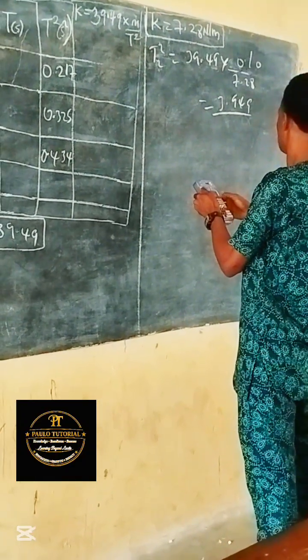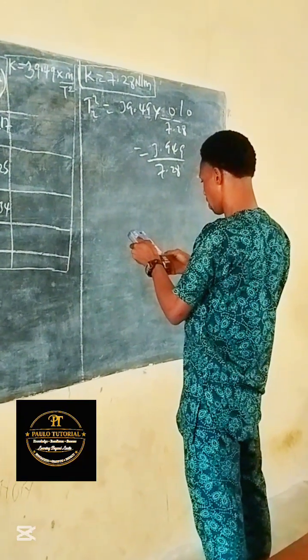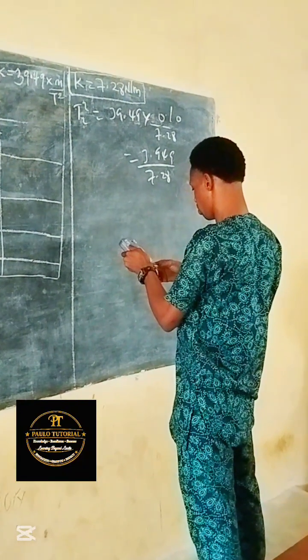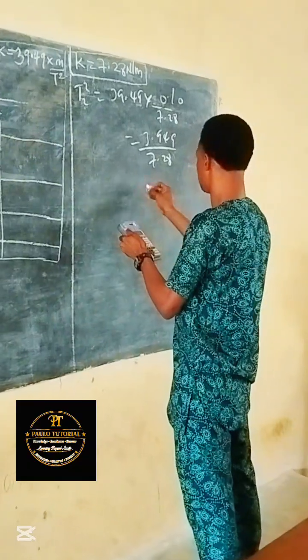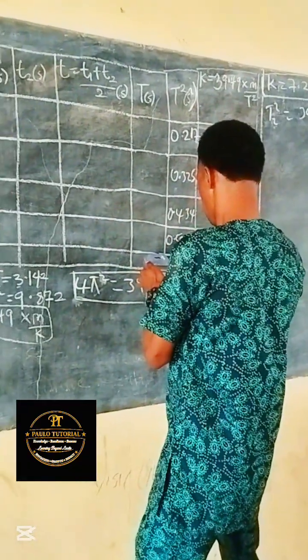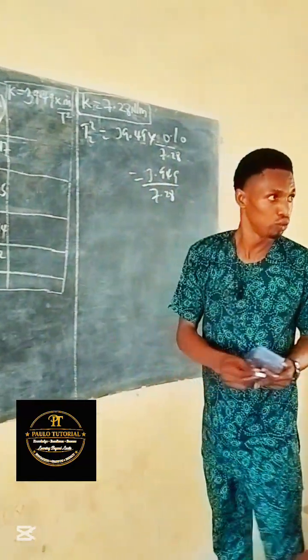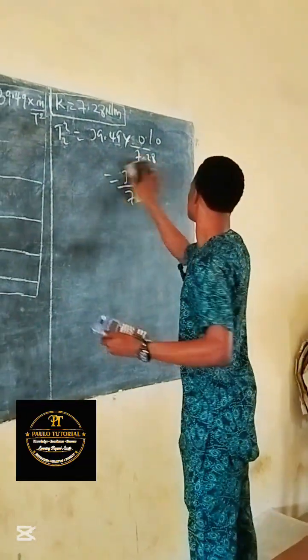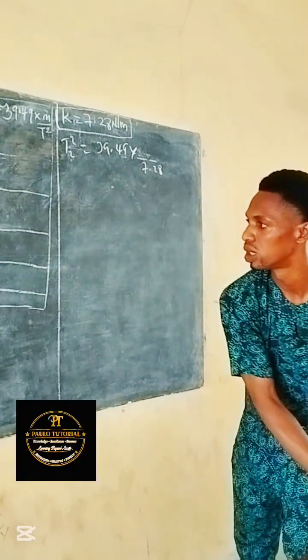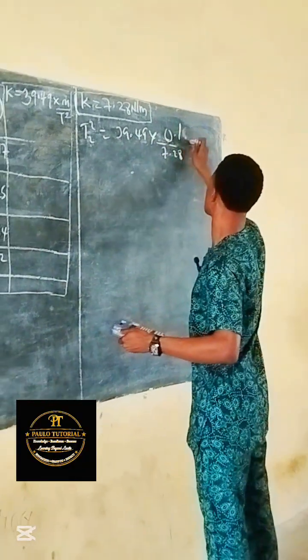Let me do it again: 3.949 divided by 7.28 gives me 0.542, 3 decimal places. So I also do it for when the mass is 0.12. I'll just be changing the mass because the others are constants.